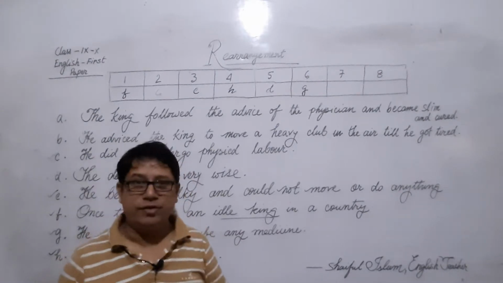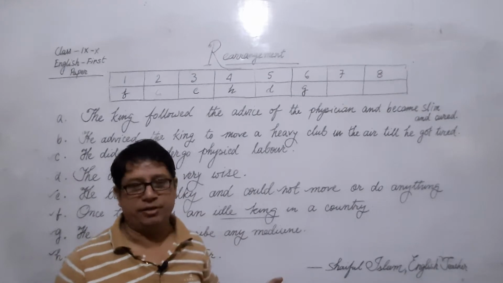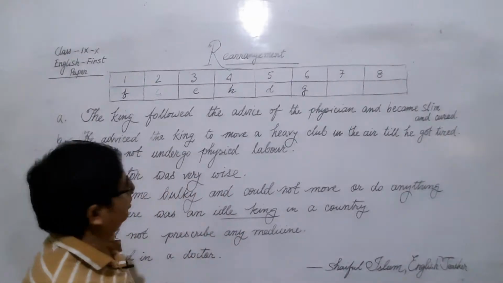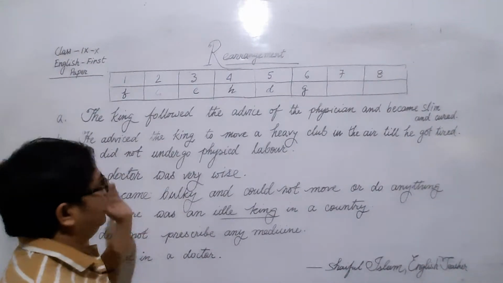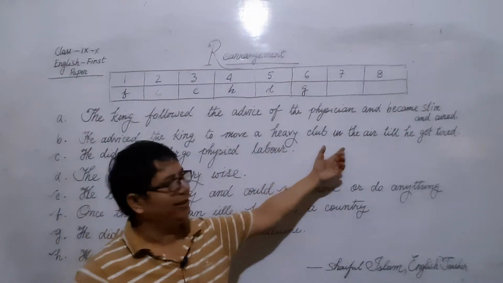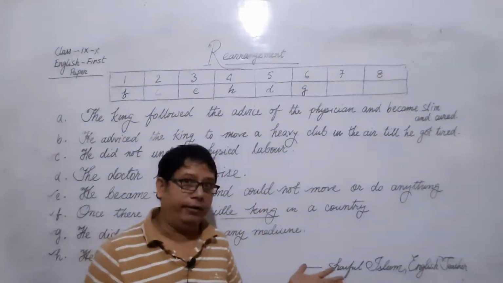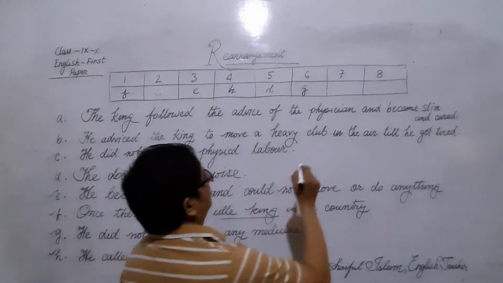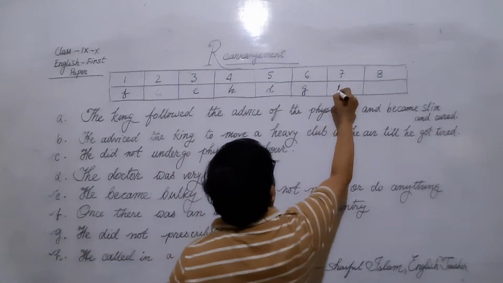So the doctor understood he needs not any medicine, just some physical exercise is important for the king. So the doctor advised him nothing but moving a heavy club in the air till he got tired. So this is the 7th sentence, B.